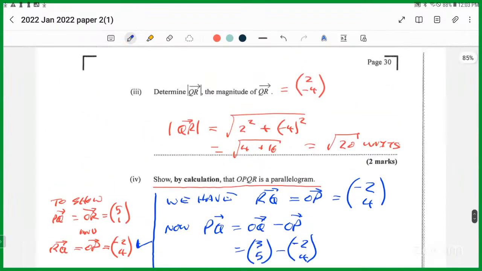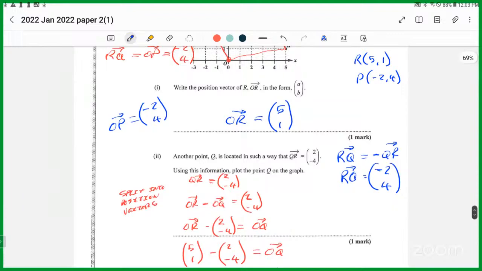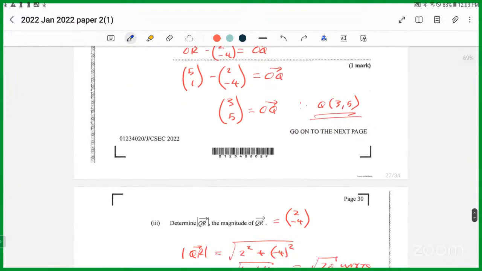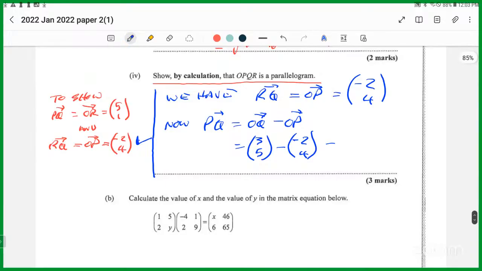So this works out to be 3 minus negative 2, this minus is a plus, 3 plus 2 is 5. And 5 minus 4 is 1. This is PQ right now. It equals 5, 1. And 5, 1 is OR. So this now is a proof that PQ is equal to OR, which is 5, 1. So I have now successfully shown this.